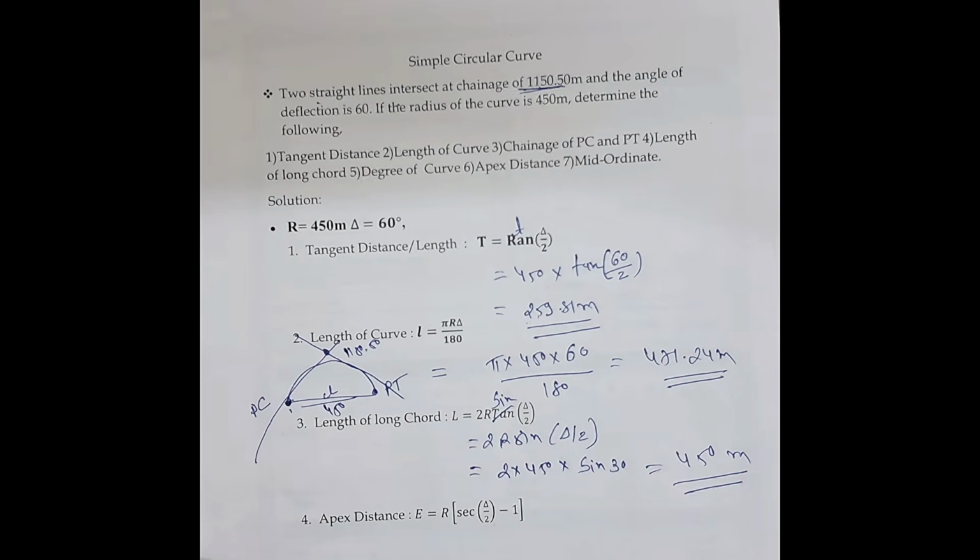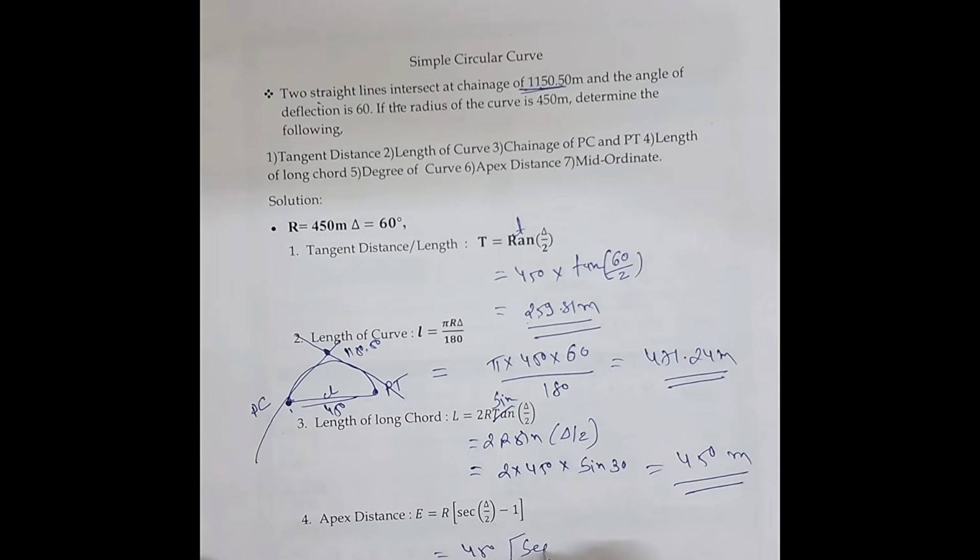Next, apex distance. For the apex distance, you just need to put the value: 450 into sec 30 degrees minus 1. Just put the value and you will get the apex distance equal to 69.62 meter.